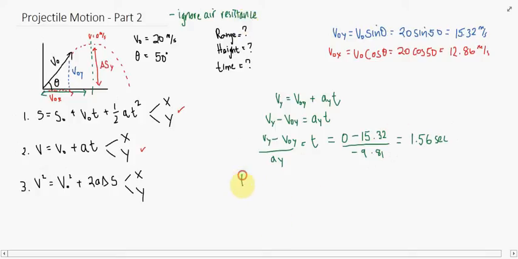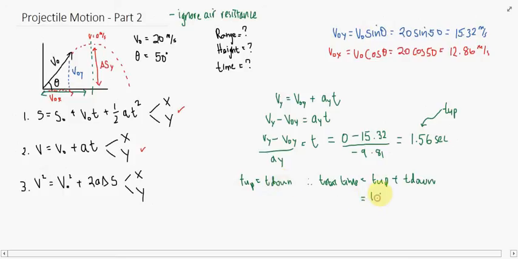So since time up is equal to time down, the total time is just going to be equal to time up plus time down. So this is going to be equal to the time it takes to get to the top, and since time up equals how long it takes to come down, it's literally just doubling it up.